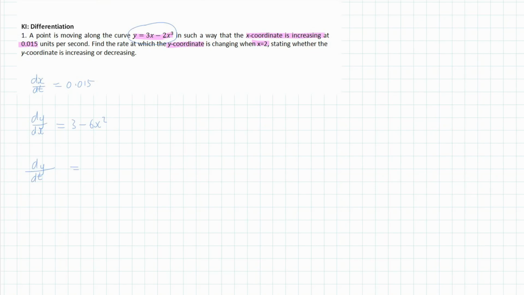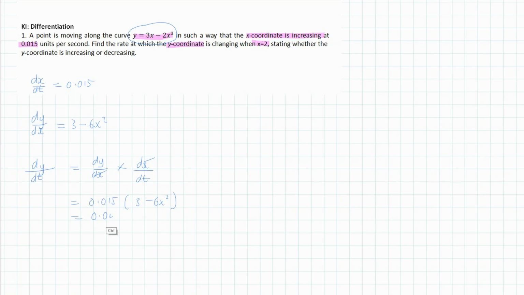And I'm trying to find the rate that the y coordinate is increasing. I want dy dt. Now I can see that that's dy dx times dx dt, because that will cancel out. So I should have 0.015 into 3 minus 6x squared equals, what is that? 3 times 0.015, which is 0.045.